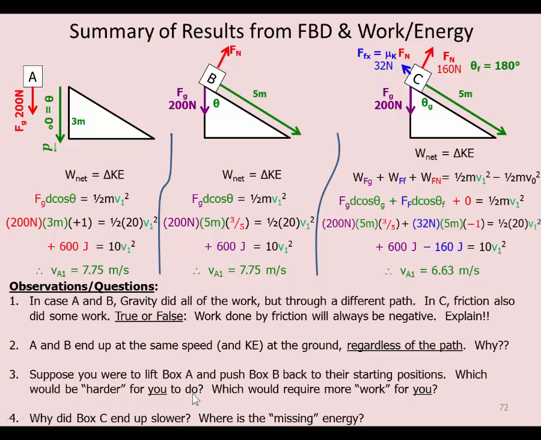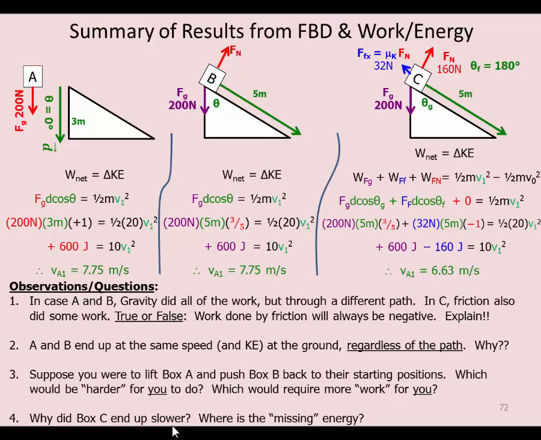Would one take more effort than the other? Lifting up A or pushing B up the ramp? And secondly, which of these situations would require more work for you to do to reset those situations? So does one take more effort, and does one take more work? That's the question. And I have a slide next that you can use to work out that answer on.